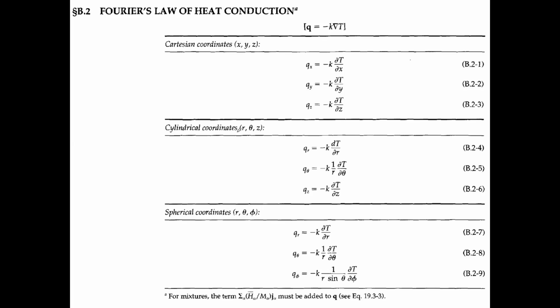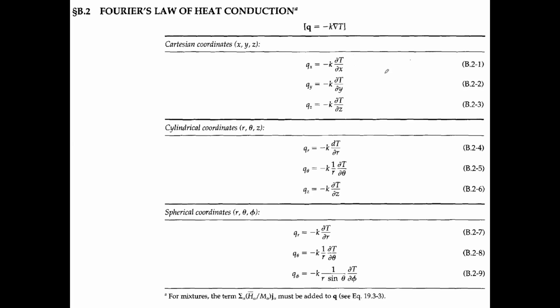Okay, so the tables that we are going to refer to in appendix B, the first one is Fourier's law, appendix B2. So you can see the Cartesian coordinates, the correlation between q, the heat flux, and the temperature, which is q equal to minus k dou T dou x, for example for q_x, and so on.